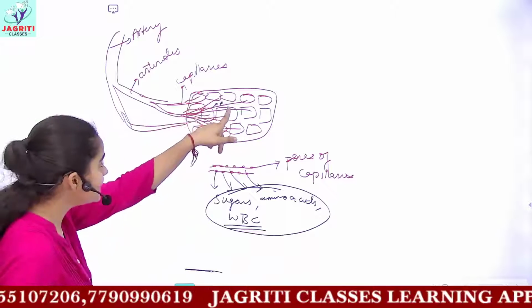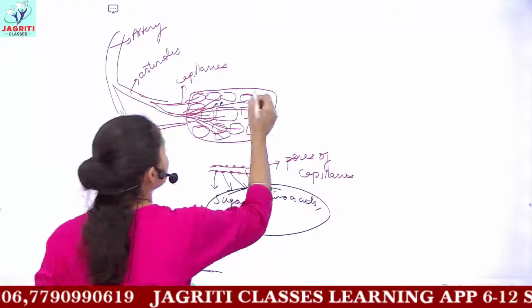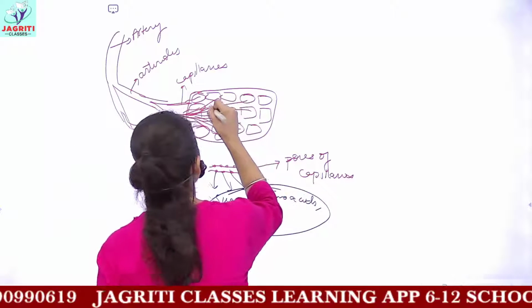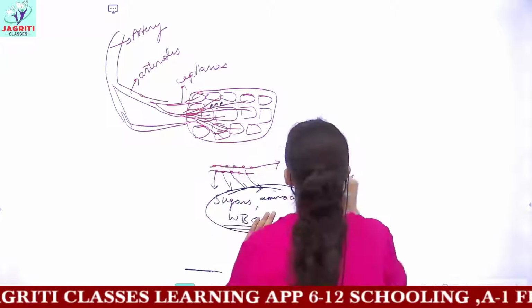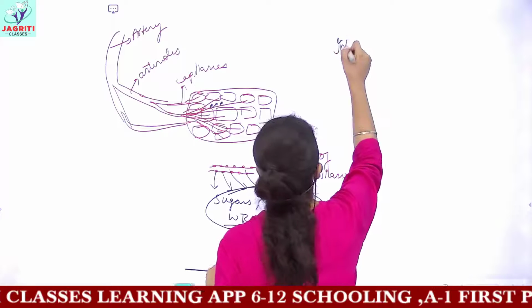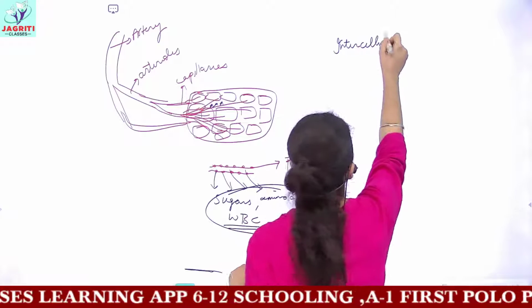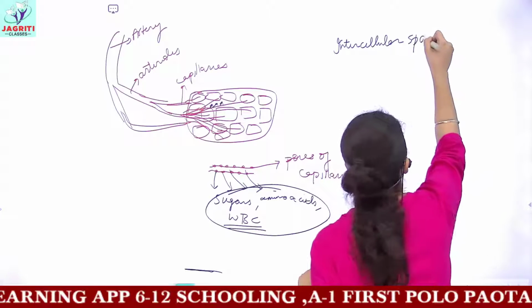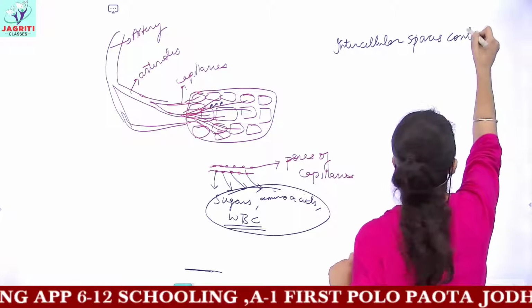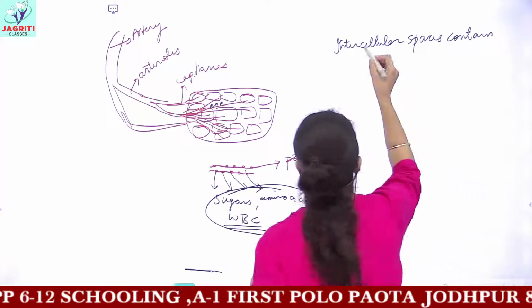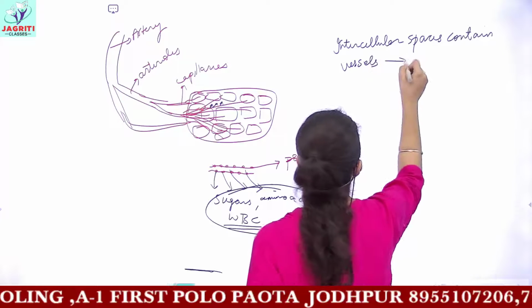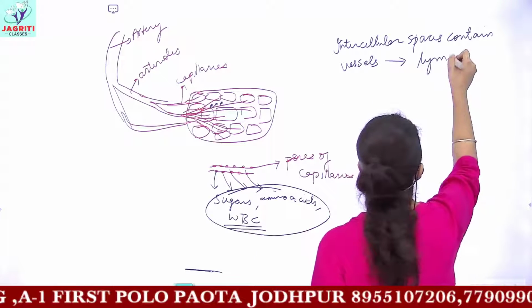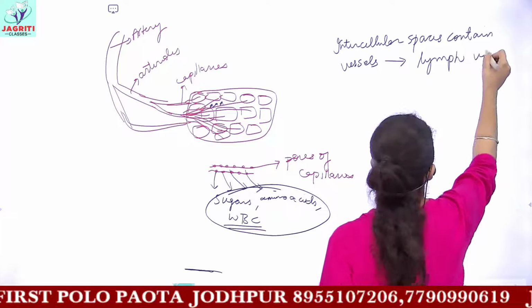And in these intercellular spaces, this is your tissue, the capillaries release these substances. And then you can say that the intercellular spaces contain vessels which are known as lymph vessels.